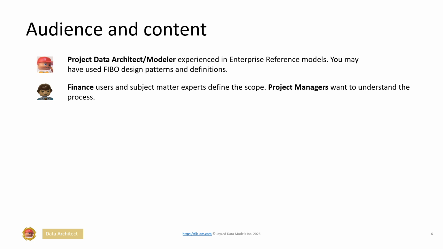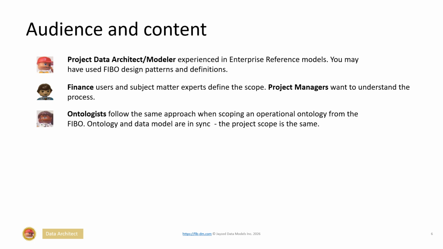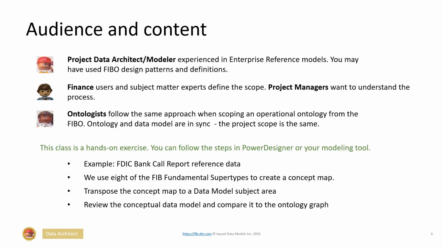So you should pay attention to the first half of this class, but you don't necessarily need to attend the details of the data architect's work in the data modeling tool. And ontologists follow the same approach when scoping an operational ontology from the FIBO. Ontology and data model are in sync, and the project scope is the same.